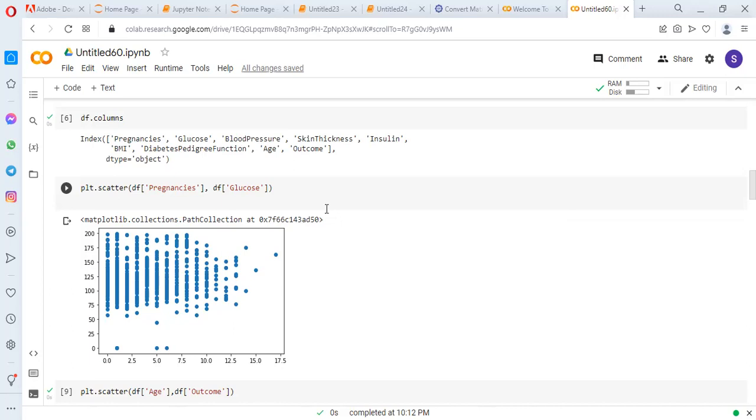It may be near, or it may not be near; the values may deviate. So how near it is to the actual value, how accurate our model is, is tested by this test set. So for building the model, we use the training set, and for evaluating the model, we use the test set.